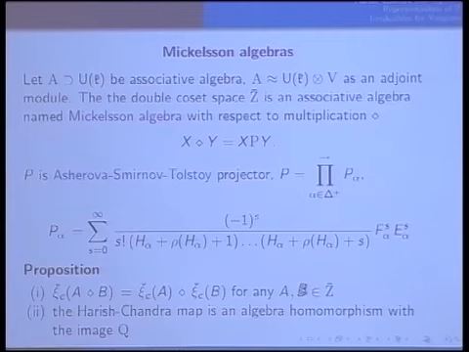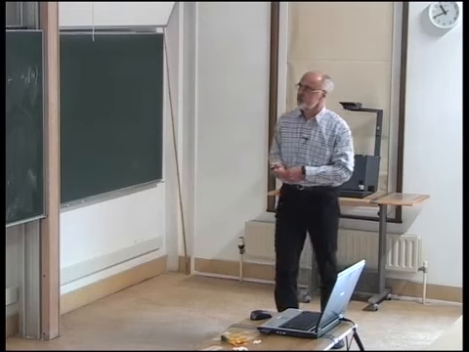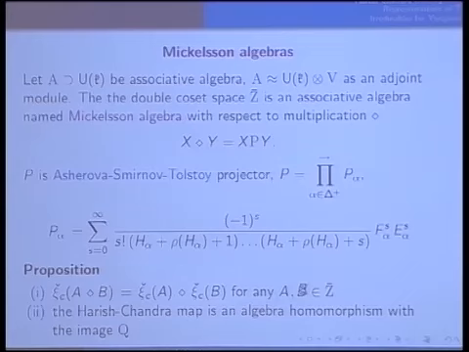And then I claim that the double coset space can be endowed with an associative operation, which is written here. So you insert between two cosets the extremal projector by Asherova, Tolstoy, Smirnov. This is the precise formula for this projector.